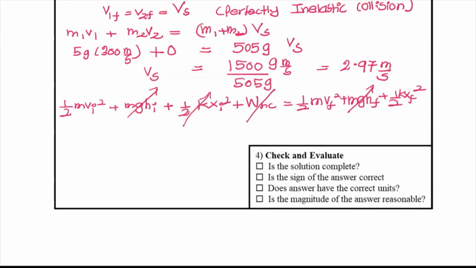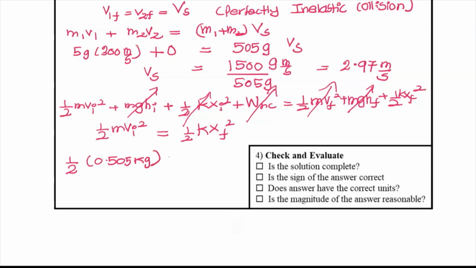Gravitational potential energy is 0, the initial spring potential energy is 0, and work non-conservative is 0. Why? Because the object is moving on a horizontal level, there's no change in height, and the spring is neither compressed nor stretched initially. Work non-conservative is 0 because there's no friction on the surface. So we get just the initial kinetic energy of the system equal to the final spring potential energy.